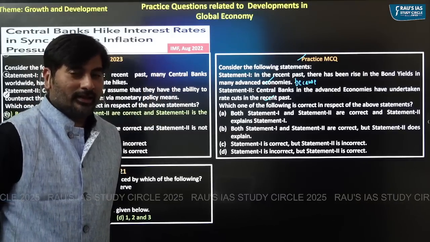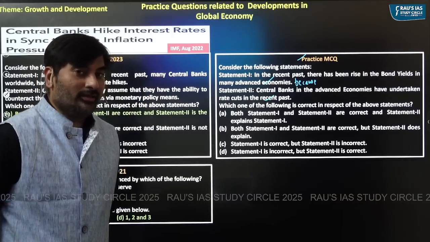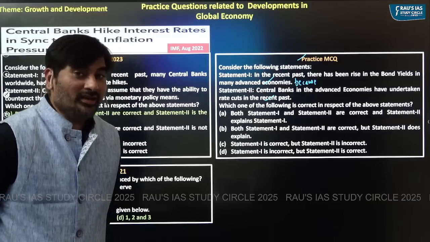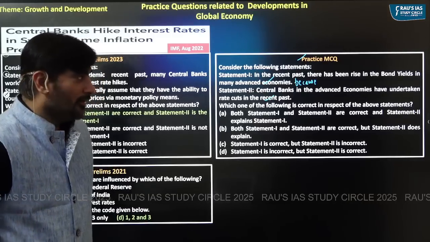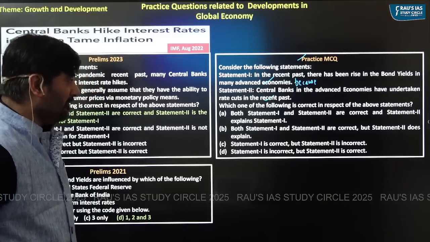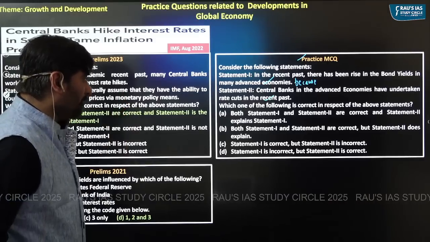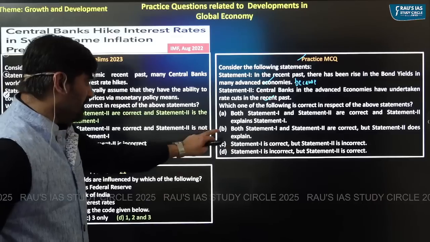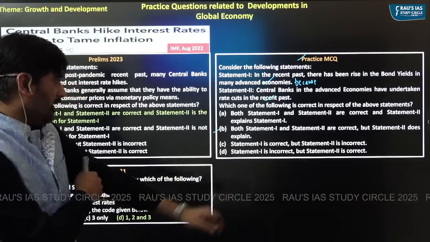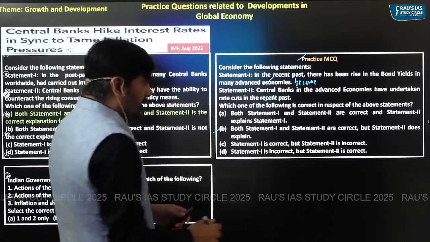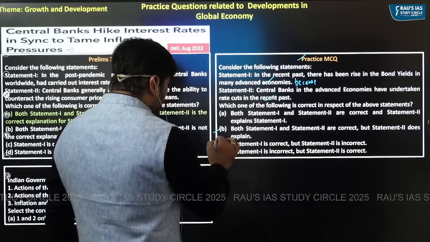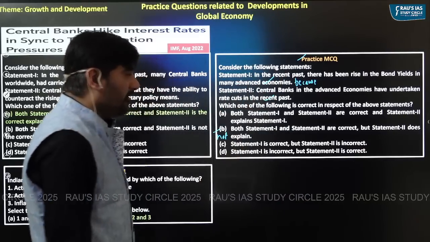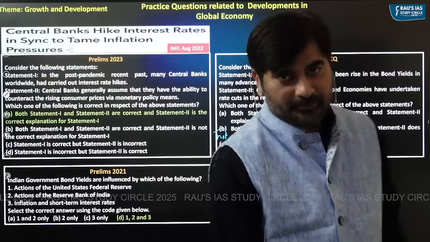If central banks have undertaken rate cuts, what should have happened to bond yield? Bond yield should have got reduced, right? So this does not explain the first statement. So right answer in this particular case is B. Both statement 1 and statement 2 are correct, and statement 2 does not explain the first statement correctly.